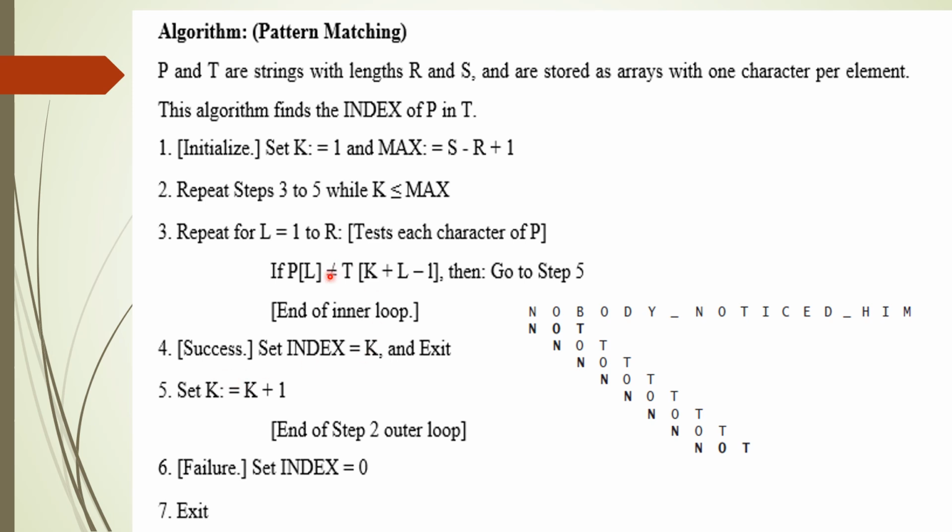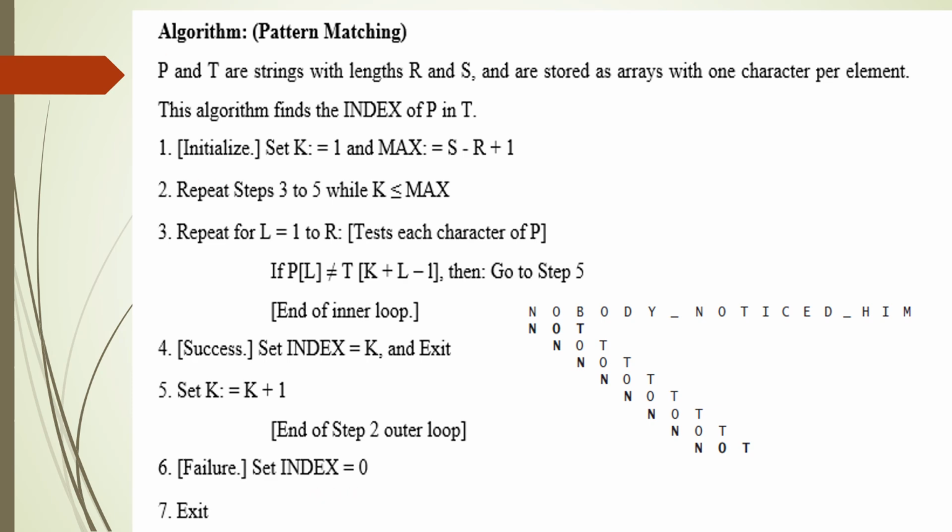Even after the maximum number of comparisons, if k is exhausted, that means you keep moving the pattern one position right against the text string and you cross this value, that means the pattern is not present in the text. Then assign the value 0 to the variable index, indicating that the search is unsuccessful.